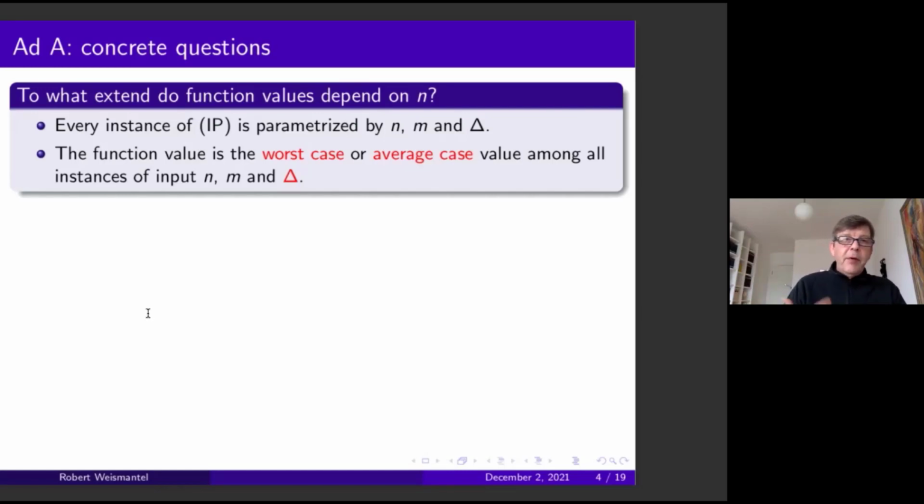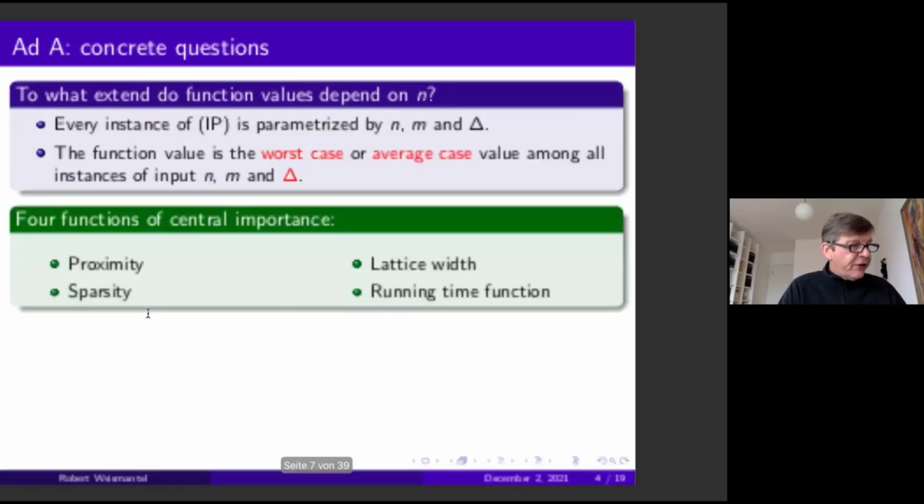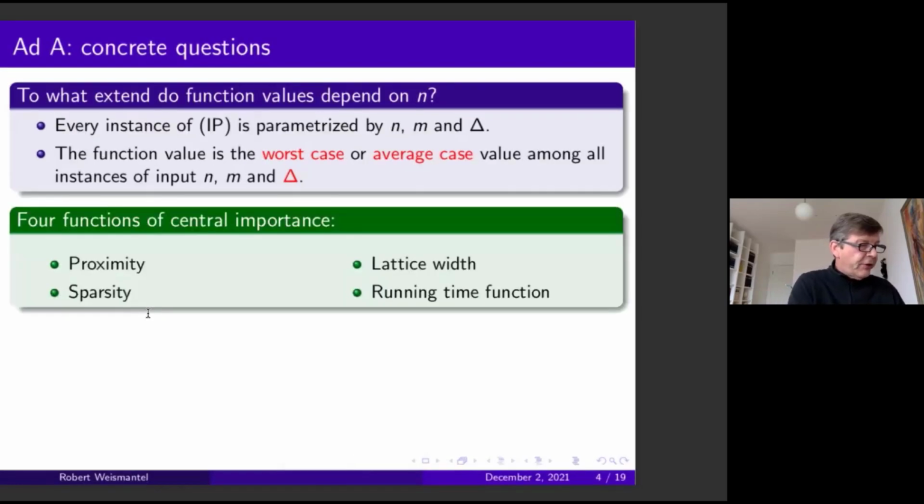And now we want to understand functions, and the function value is the worst case, or it can be the average case, among all instances of input n, m, and delta. The key questions that we would like to address are functions of the following form. In particular, of relevance here are the following four functions.